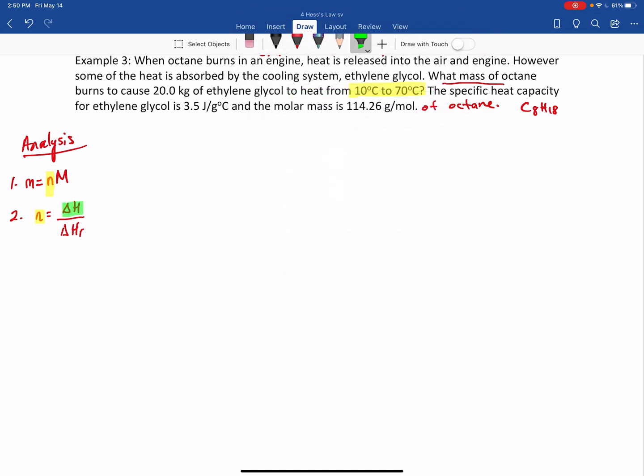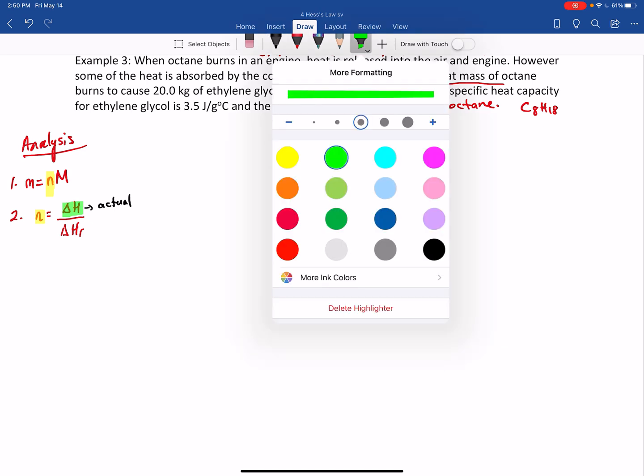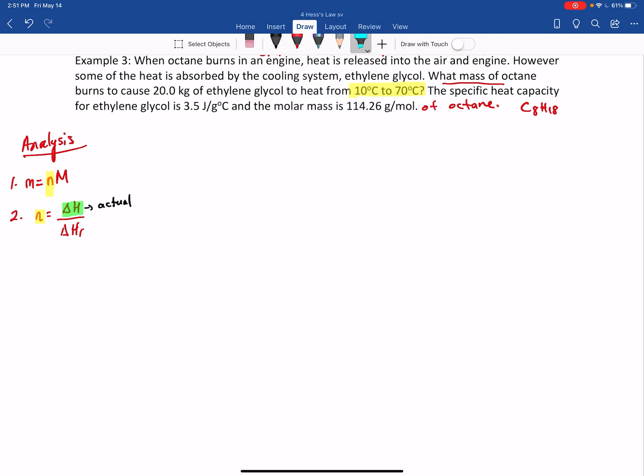The enthalpy change can be determined as the actual enthalpy change, and we'll come up with our equation for that because we have measurable data for it. We have calorimetry data. On the other hand, the molar enthalpy is one that we usually determine theoretically, and we can use just a balanced chemical equation for that.